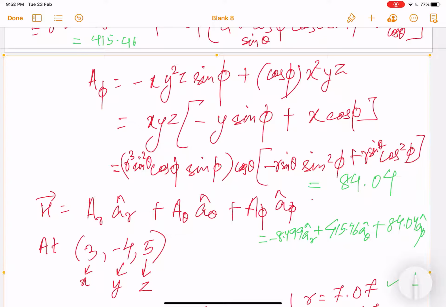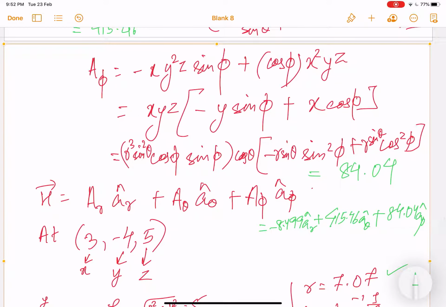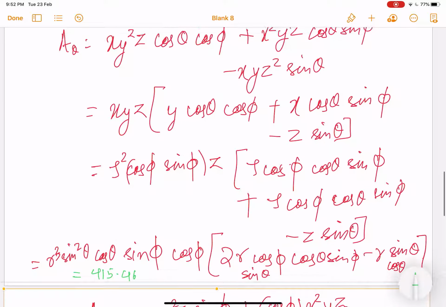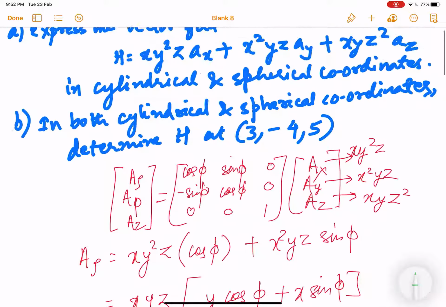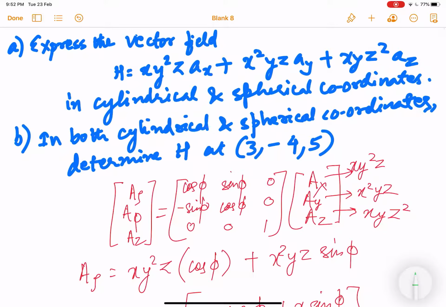This is what I got. I want you all to do it completely, check it, and tell me whether this is all correct or not. It's really lengthy, but you need to have patience. Do it. This is full practice, and this will surely make you totally perfect. Okay, thank you.